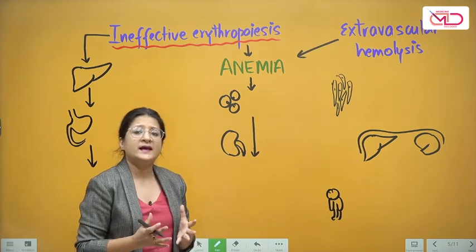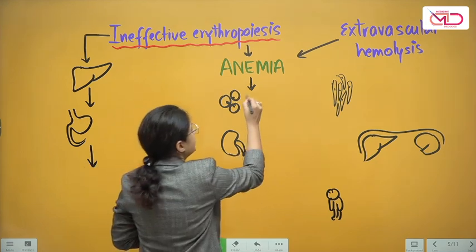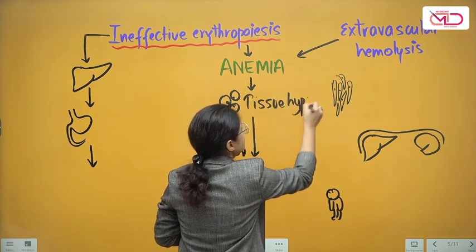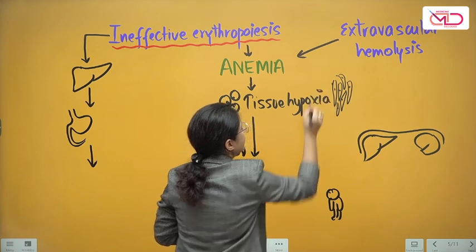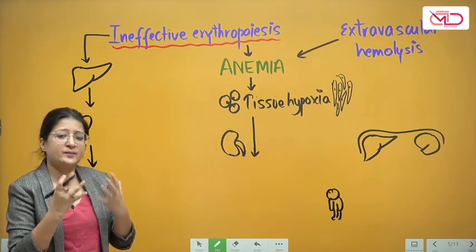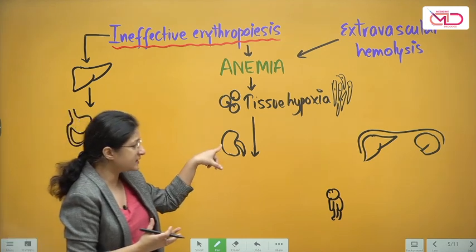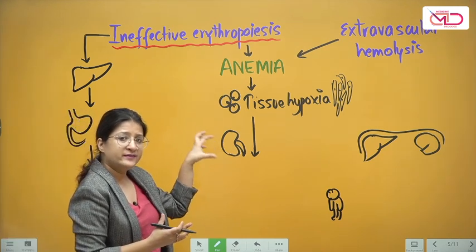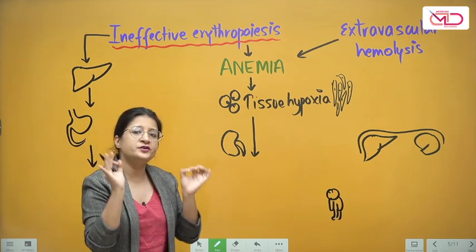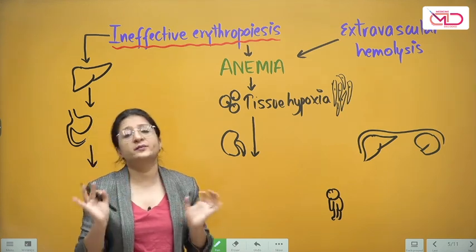And ultimately, it's actually going to lead to tissue hypoxia. Right? So the peripheral tissues are not going to get their fair share of oxygen. So tissue hypoxia, and there will be hypoxia in the tissues of the kidney as well. Now, hypoxia is a very, very important trigger for erythropoietin production.